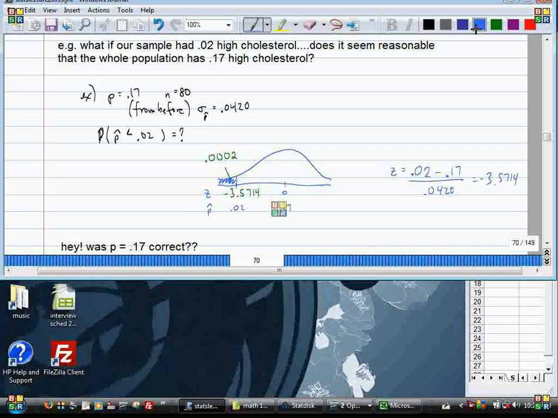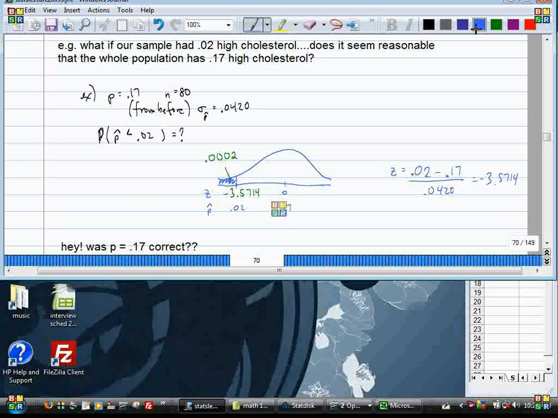So when I say likely, what I really mean is probability. What's the probability that we have population proportion p 0.17, but sample proportion p hat 0.02? What's that probability? It's 0.0002. That's pretty small. This is what it tells you. It says what is the probability or likelihood of getting a sample where this happens?